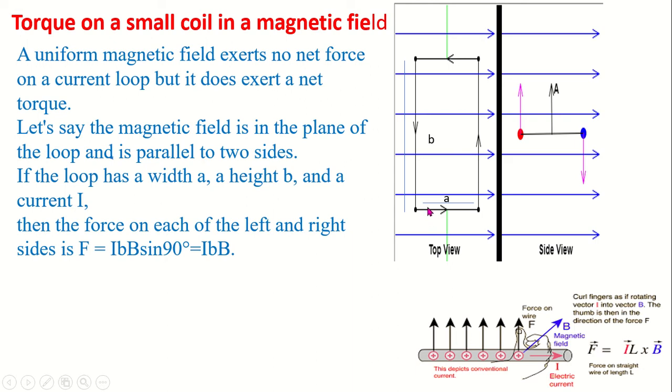Here the direction of current flow and the direction of magnetic field are in the same direction, so the angle between the current flow and magnetic field is 0 degree. But here, current is flowing in this direction and magnetic field in the opposite direction, so here the angle is 180 degree.